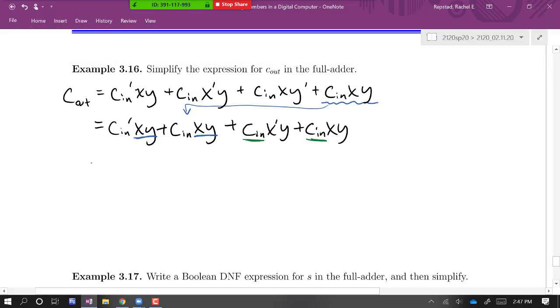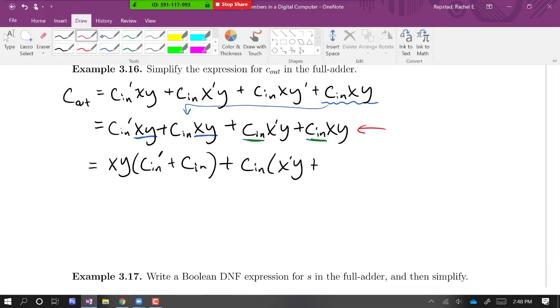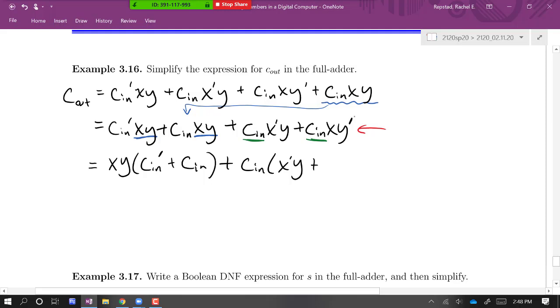So the first two terms I'm going to write as xy times (carry in naught plus carry in), plus, and then in the next one, carry in times (x naught y plus xy naught). Sorry about that.